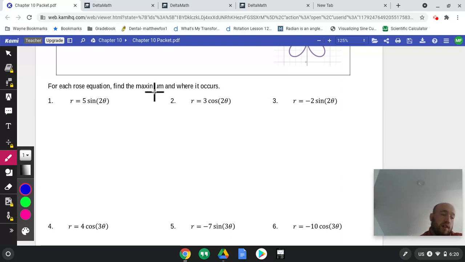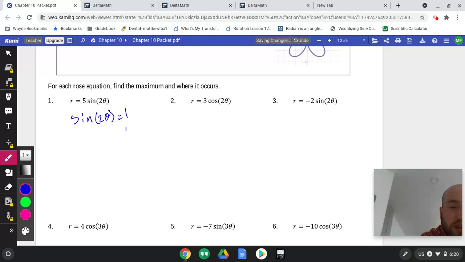So what we need to think is, when would sine be equal to 1? That's going to occur at the sine of pi over 2, because pi over 2 is straight up. Remember, sines are y, so straight up. So if we had a pi over 2 in here for 2 theta, we would get 1. So all we have to do is set 2 theta equal to that.